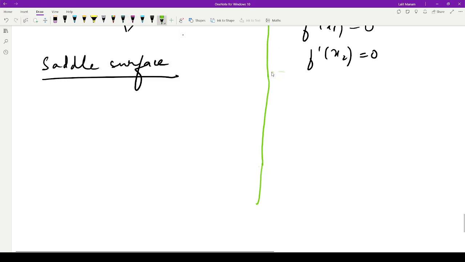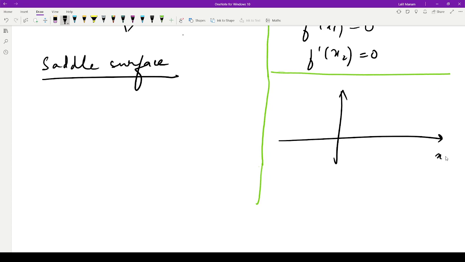Okay. Let me give you a better example. How does the graph of x cube look? If this is x and this is x cube, how does the graph of x cube look? Okay. My drawing is pretty bad. Looks something like this, right?